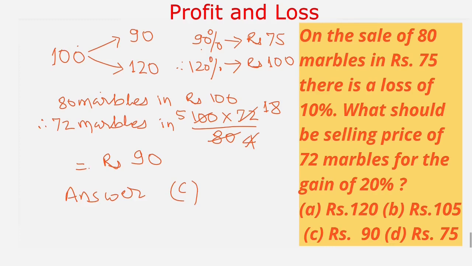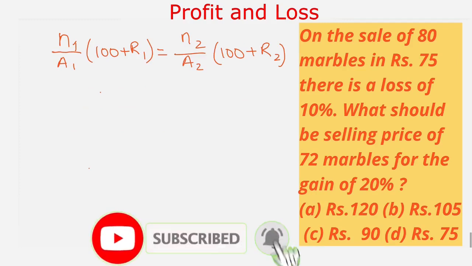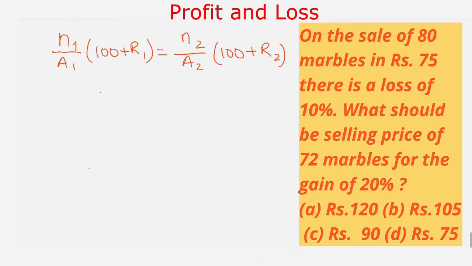We solve this question by one more method using a shortcut formula. We solve this question by the formula N1 upon A1 into 100 plus R1 equal to N2 upon A2 into 100 plus R2.